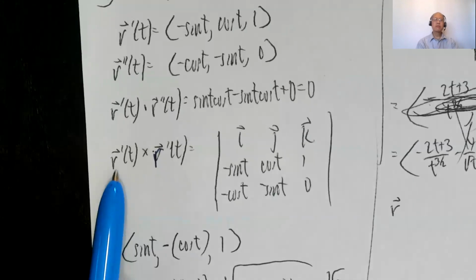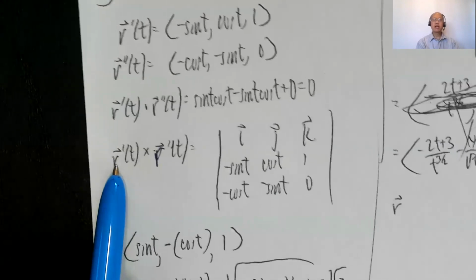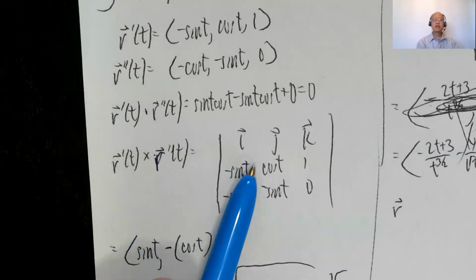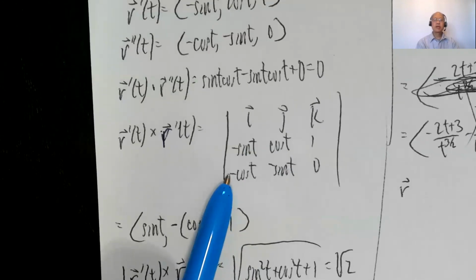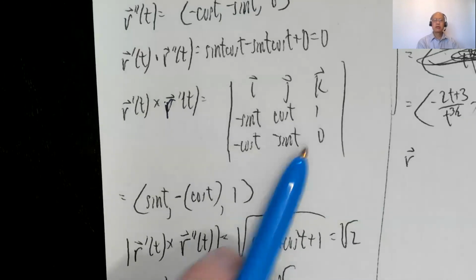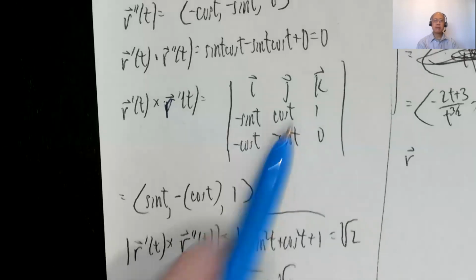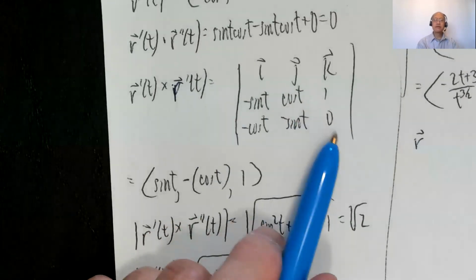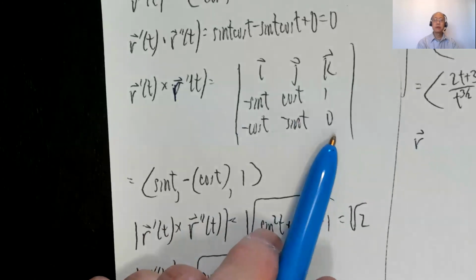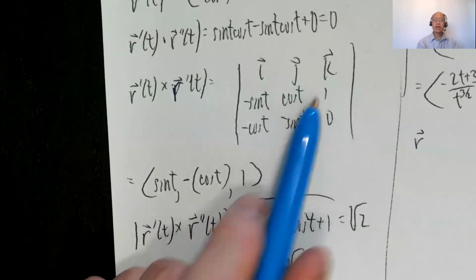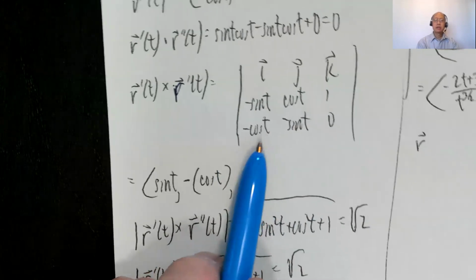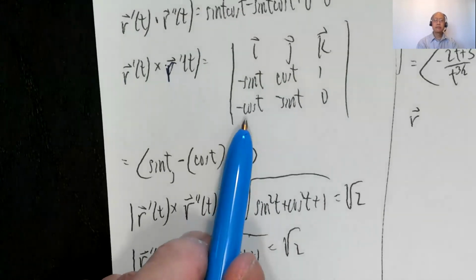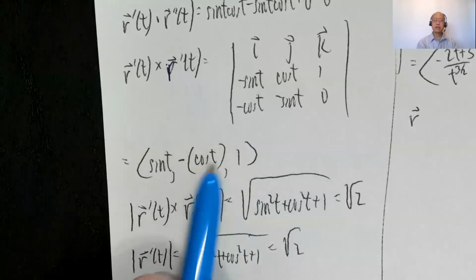That's beside the point. Then I need the cross product: i, j, k, negative sine t, cosine t, 1, negative cosine t, negative sine t, 0. So the i component is nothing minus a minus sine t. The j component is the opposite of that minus that: nothing minus cosine t, minus a minus cosine t.